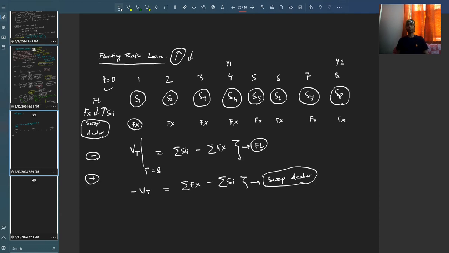So if the swap dealer is in profit, that means the person who has entered the swap, that is you, will be in loss. And if the swap dealer is in loss, then you will be in profit. So that's how it happens.